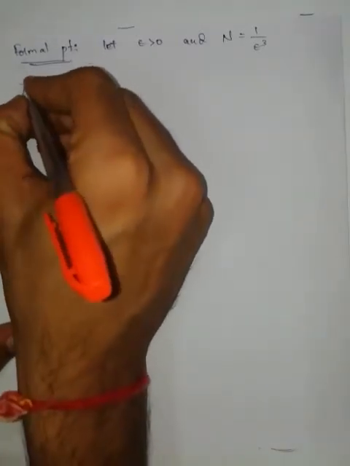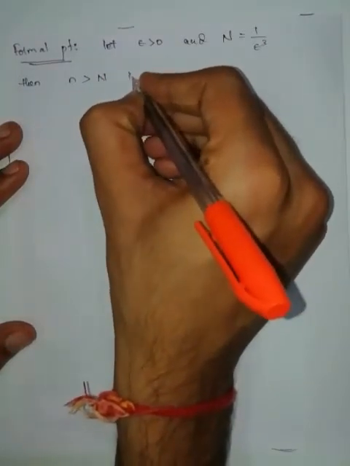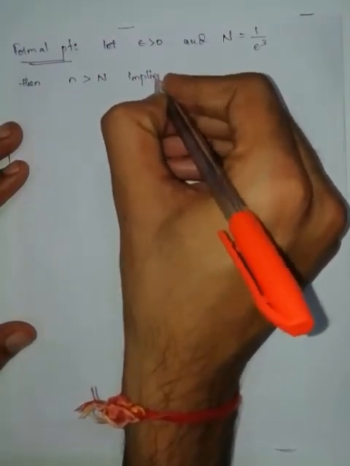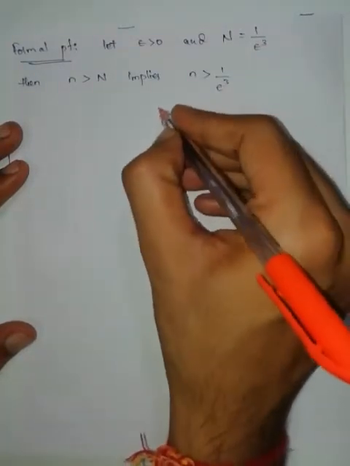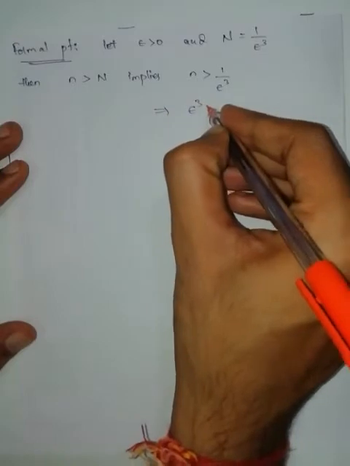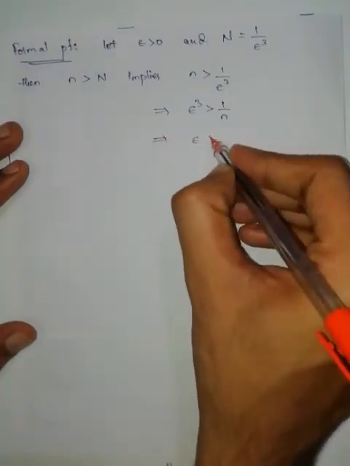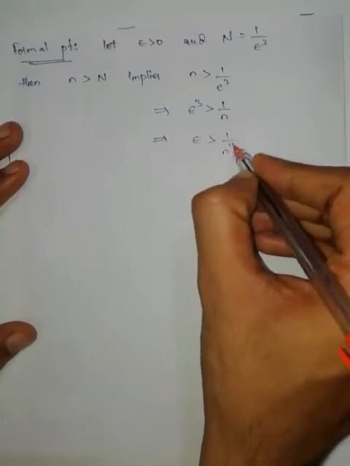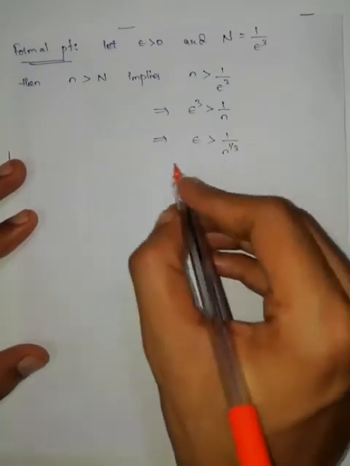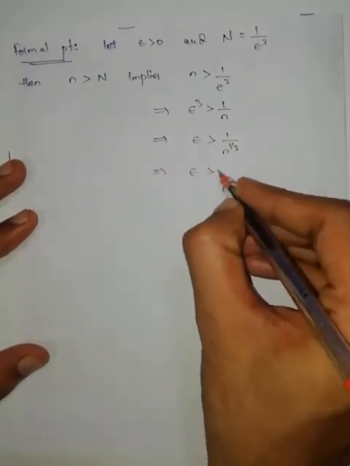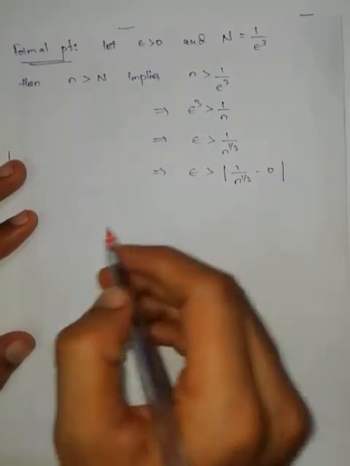Then small n greater than capital N implies small n is greater than, what is capital N, 1 by epsilon cube. Cross multiply: epsilon cube is greater than 1 by n. This implies epsilon is greater than 1 by n to the power of 1 by 3. Since 1 by n to the power of 1 by 3 is positive, this one I can write as modulus of 1 by n to the power of 1 by 3 minus 0.